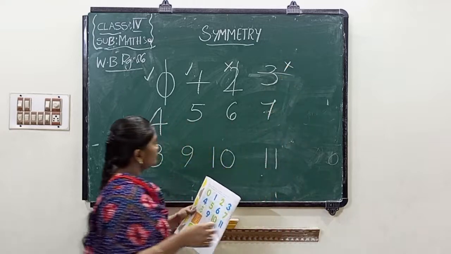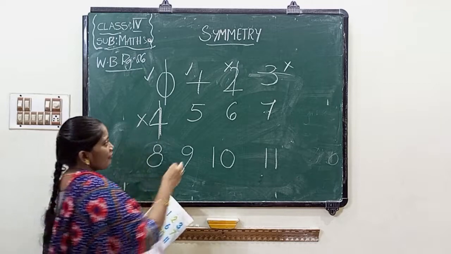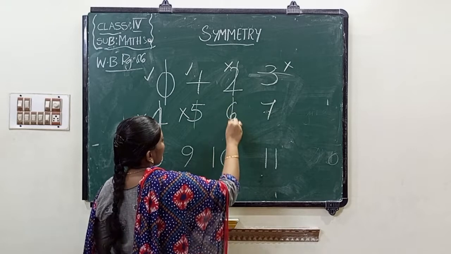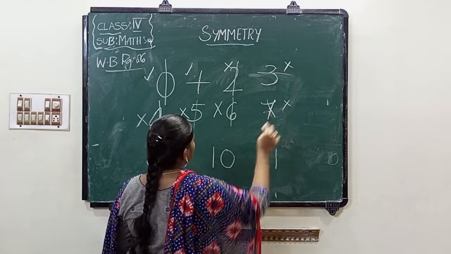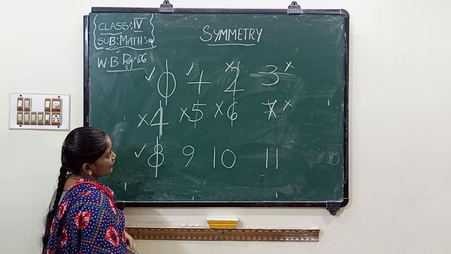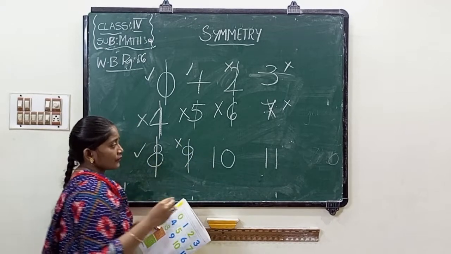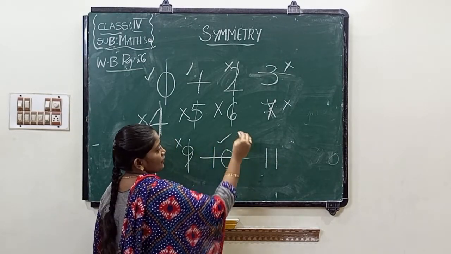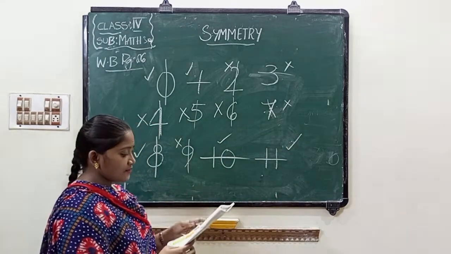No. 4, no. 5, no. 6, no. 7, no. For 8, one line of symmetry. For 9, no. For 10, one line of symmetry. For 11, one line of symmetry.